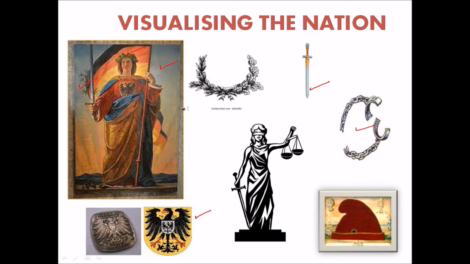Olive branch around the sword shows willingness to make peace, and the black, red, and gold tricolor flag reflects the flag of liberal nationalists in 1848, banned by the dukes of the German states, and rays of the rising sun reflect the beginning of a new era.